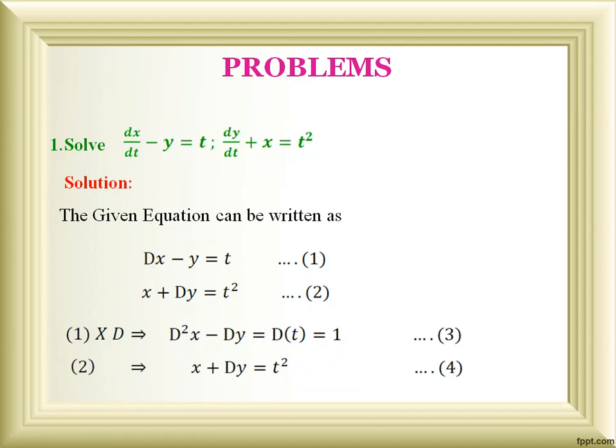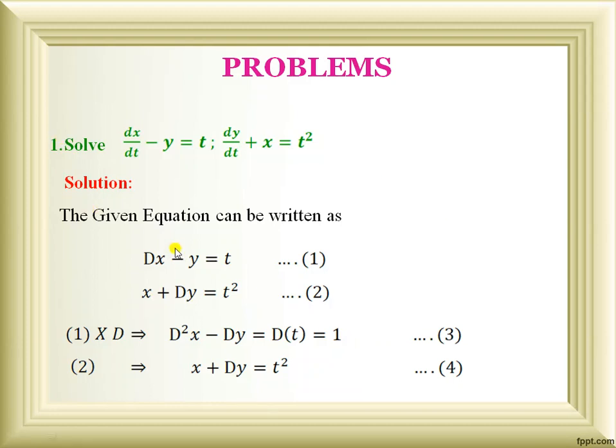Therefore, the operator form of the given equations is Dx minus y is equal to t and Dy plus x is equal to t square. For my convenience, I will rewrite this as x plus Dy. Next, I want to make this a single equation, then only can we proceed under the higher order linear differential equation category.